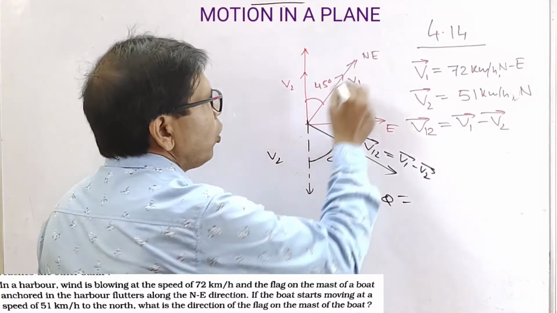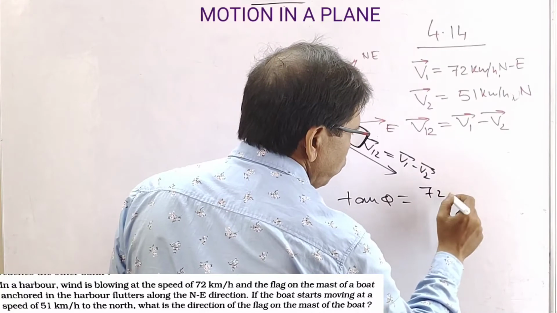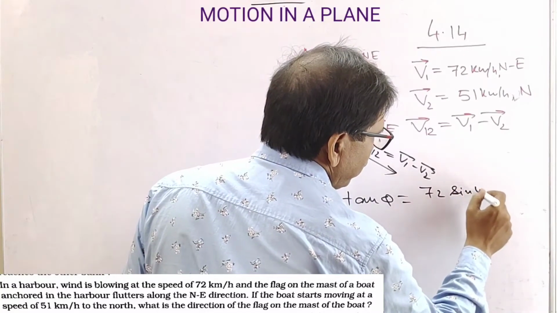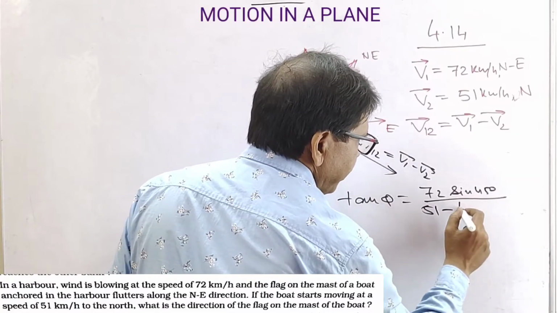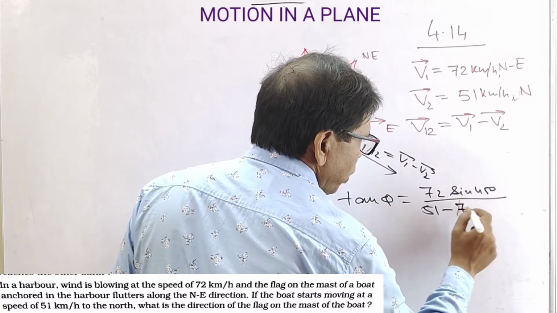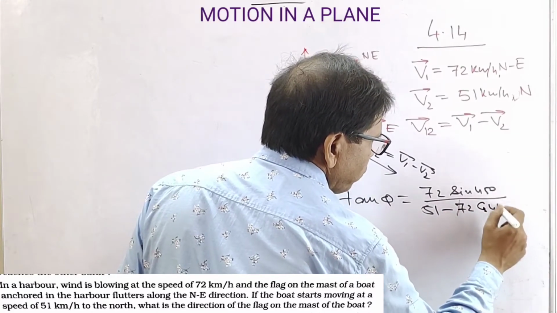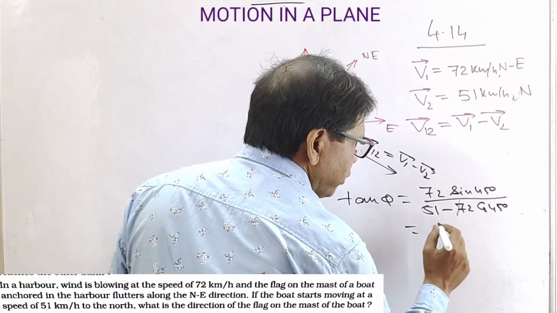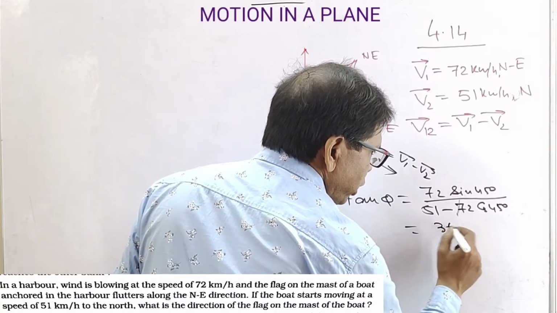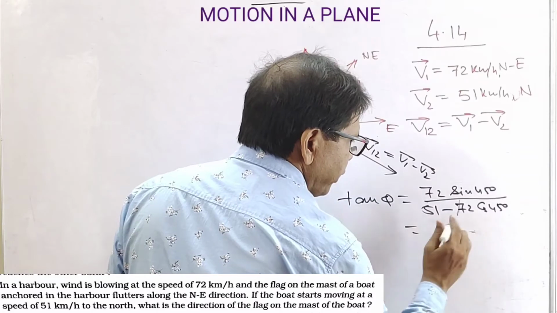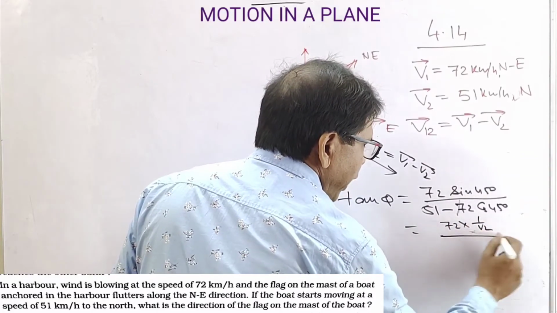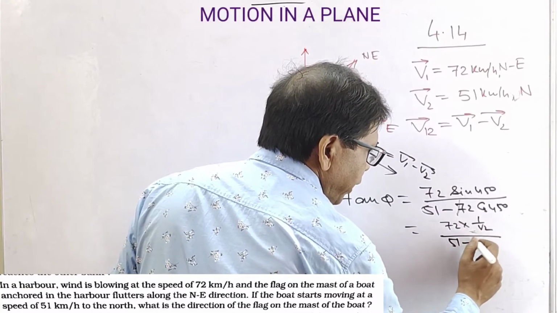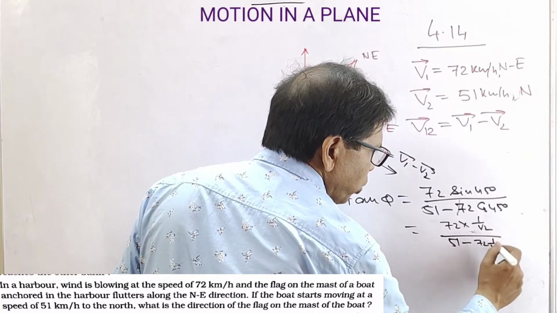This equals 72 sin 45 degrees divided by 51 minus 72 cos 45 degrees. Now look at this, this is 72 into 1 by root 2, and this is 51 minus 72 into 1 by root 2.